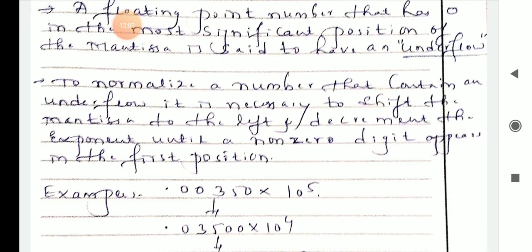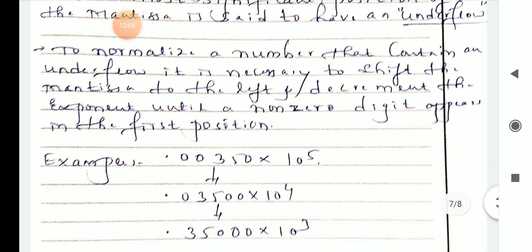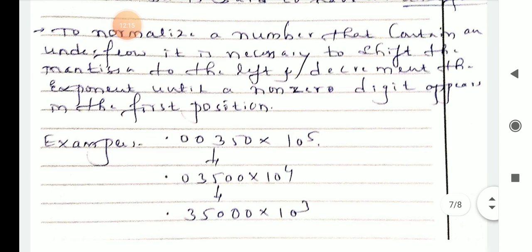So this is what the sentence means: to normalize a number that contains an underflow, it is necessary to shift the mantissa to the left and decrement the exponent until a non-zero digit appears in the first position.